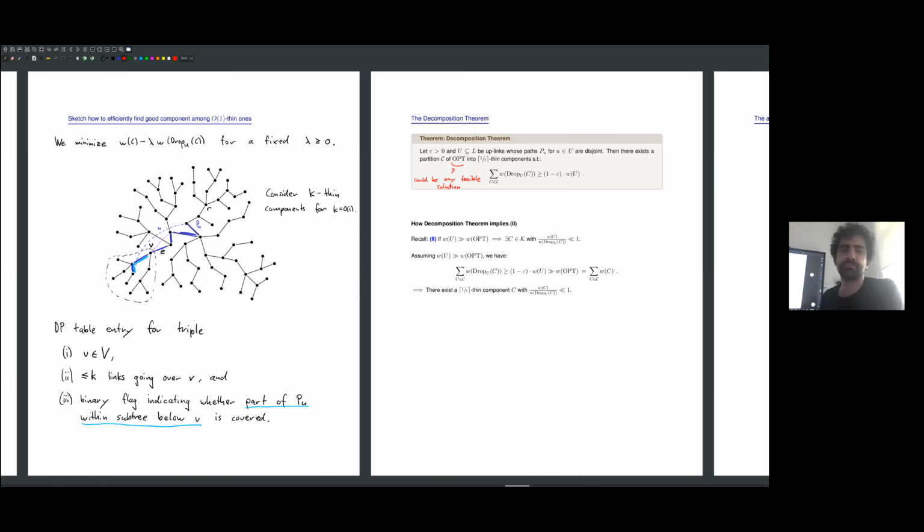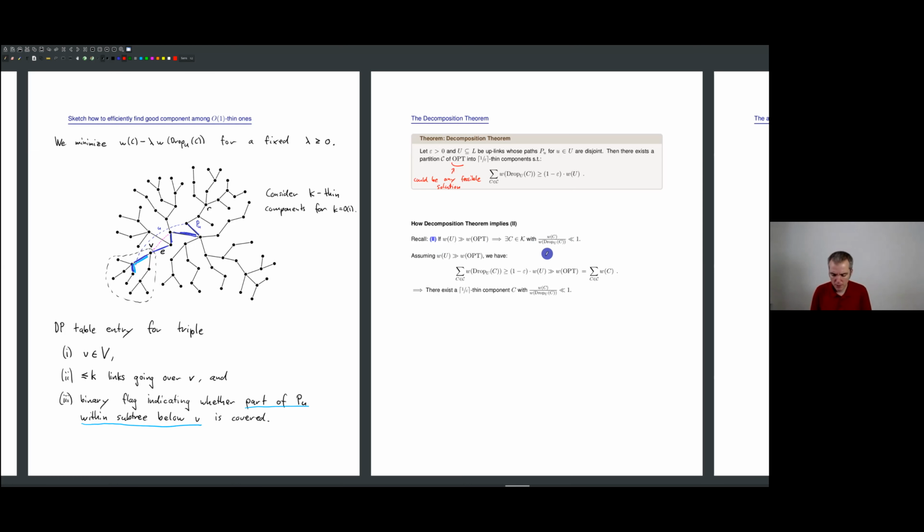Perfect. So let's talk about why this decomposition theorem leads to what we want. Let me recall the second step. One was that I can optimize that ratio, minimizing it, to get the best component. The other one was that if the number of uplinks left is expensive compared to opt, then there is a component that's improving.